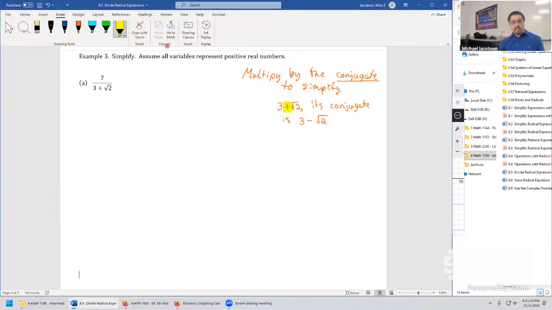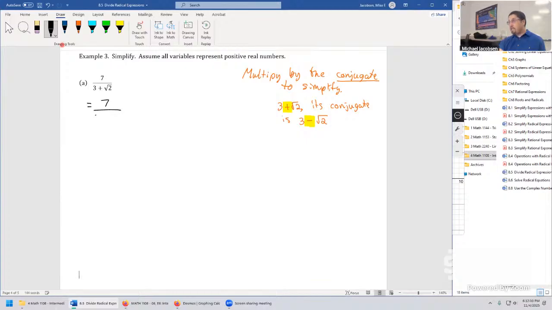So it's almost the same thing, but the only thing we change is whatever the sign is in the middle, we take the opposite sign. If it was a 3 minus root 2, the conjugate would have been a 3 plus root 2. So this thing is somehow going to wipe out the square root symbol from the denominator completely. It's not going to end up in one term or the other. And here's how it goes.